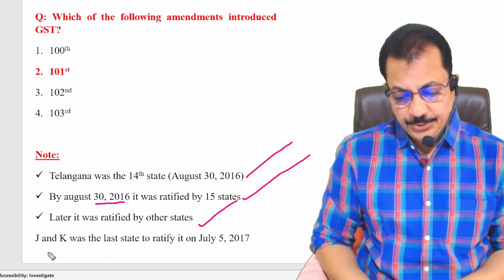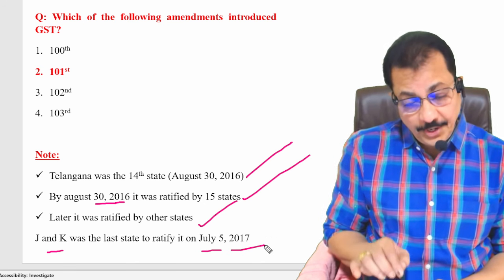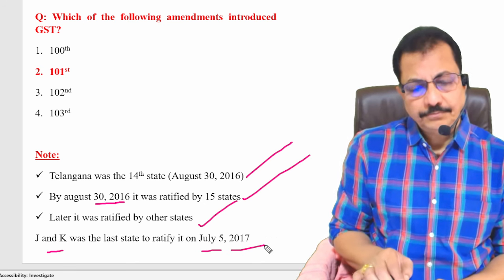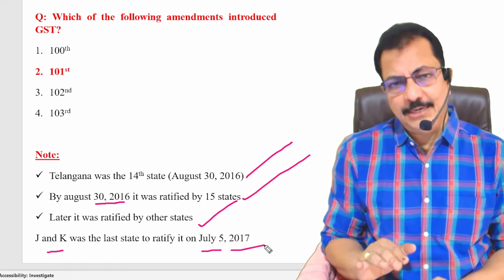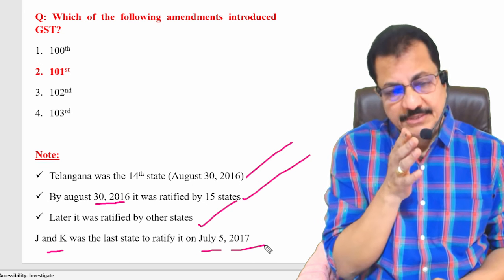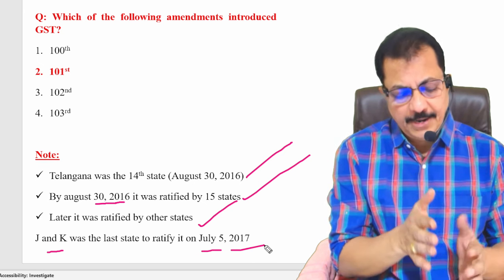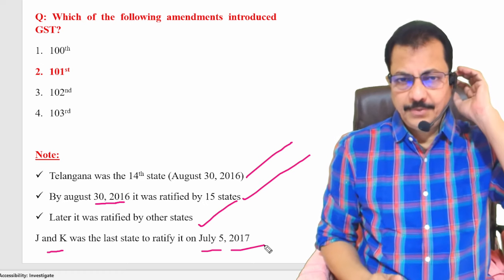And Jammu and Kashmir also ratified on July 5th, 2017. Please remember, today means in the month of May, right? In May, Jammu and Kashmir is not a state. Jammu and Kashmir was a state that has been bifurcated, and two union territories have been established. Am I clear?